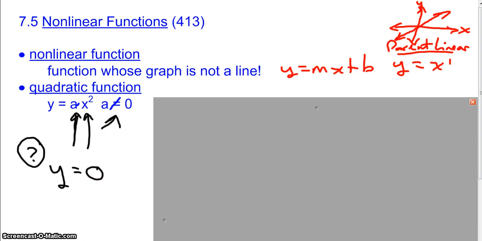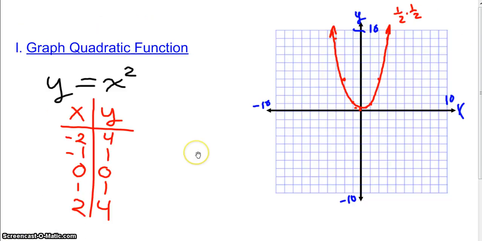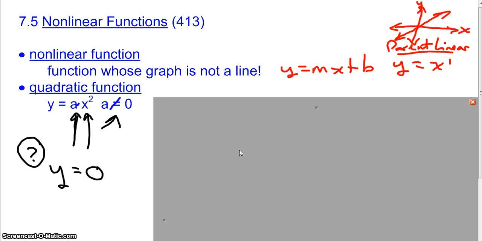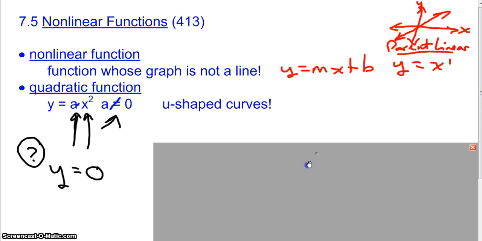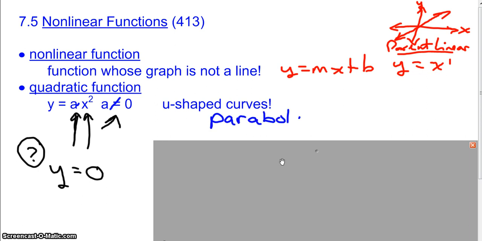A U-shaped curve begins with a P, and it rhymes with parabola. Parabola, there you go. U-shaped curves are called parabolas. I'll write the word for you: P-A-R-A-B-O-L-A. Parabola.